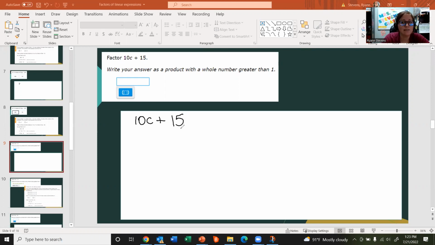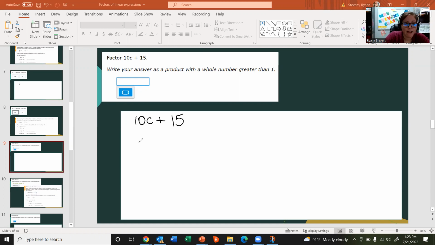If there is more than 1 number that can be divided into the terms, the best practice is to choose the largest number, because in most cases you do want to simplify it as far as you can.